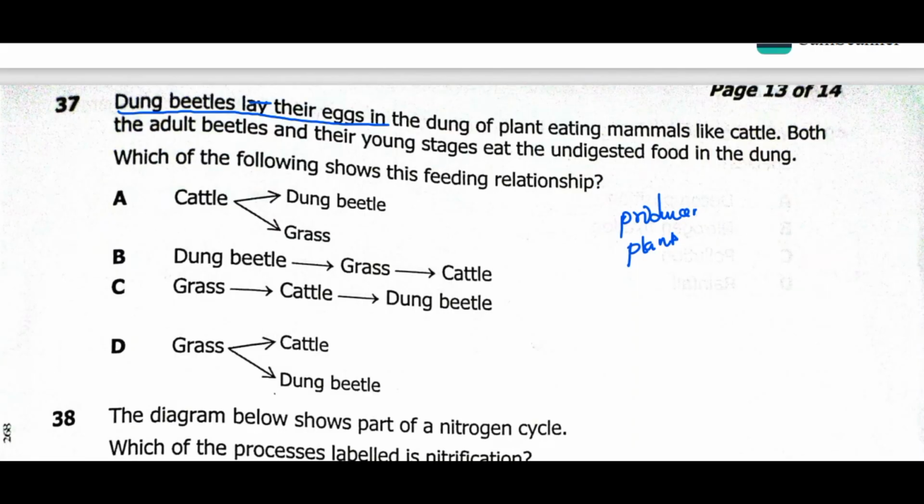So what is the relationship here? The cattle are feeding on the plant. The dung are also feeding on that. Okay, I'm trying to understand it.